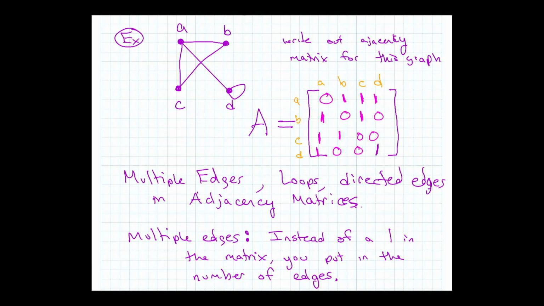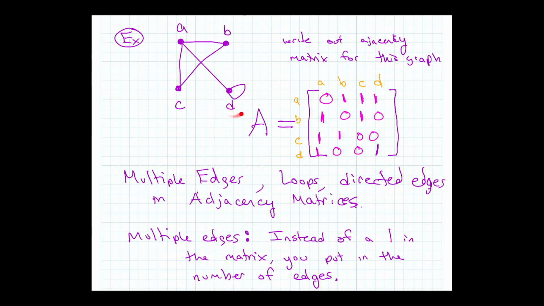If you add up the row for C, you get 2. And that's because the degree of C is 2, right? One edge, 2 edges. So you sum that row, you get the degree of C. But if you sum the row of D, you also get 2. But the degree of D is not 2.